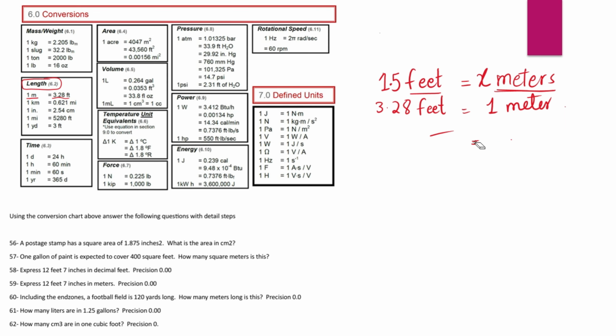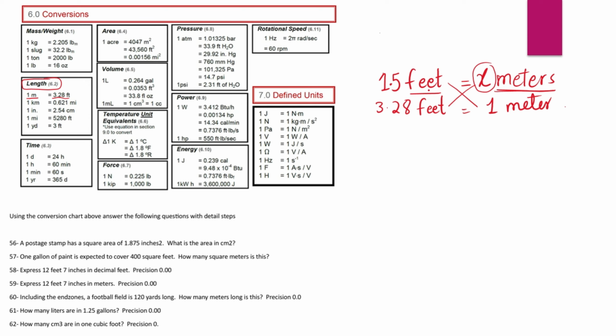Now we are saying we need to find 1.5 feet in x meters, and there are 3.28 feet in 1 meter. So in order to find the value of x, we will do the cross multiplication like this.